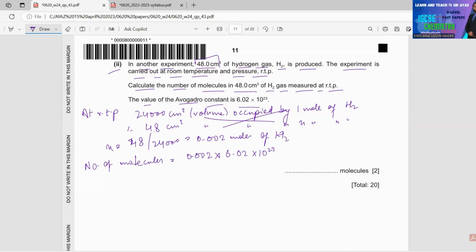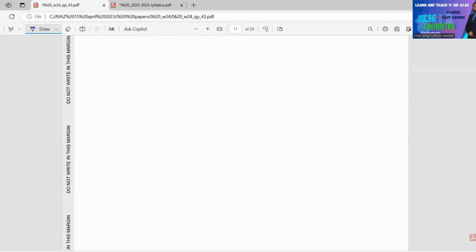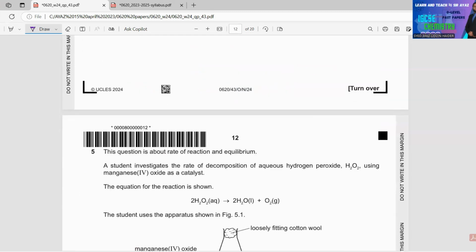The answer must be 1.204 × 10^21 molecules. This will be the final answer in this case.